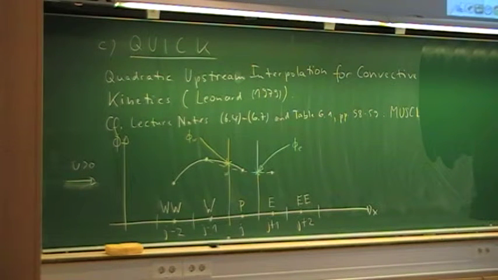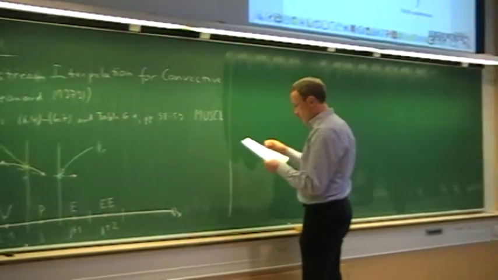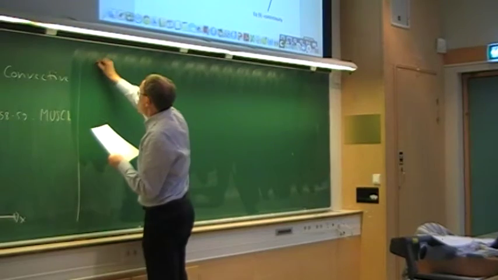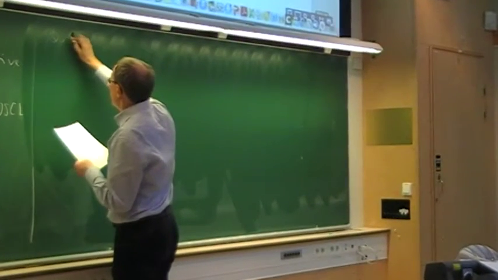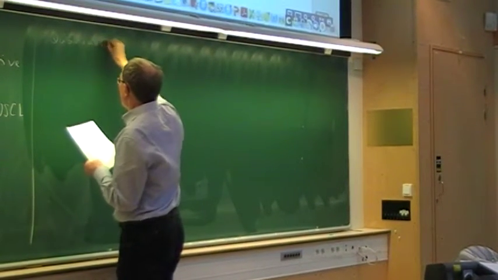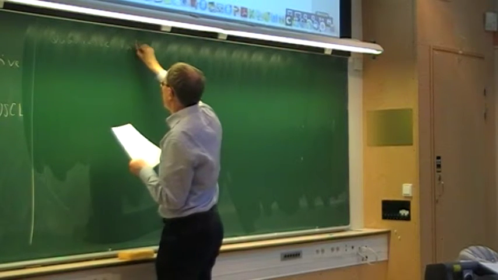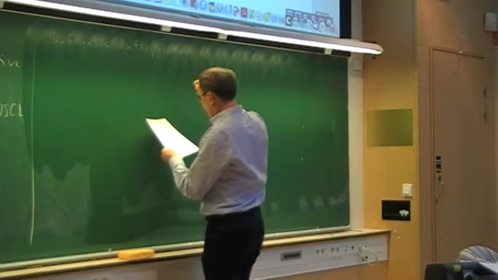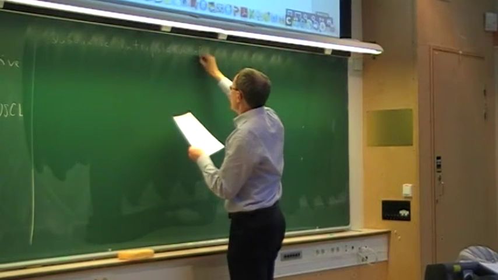So then we write down what we have been doing. We do a quadratic interpolation of upwind values.